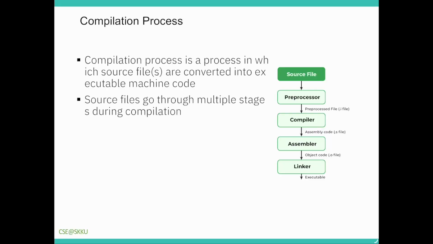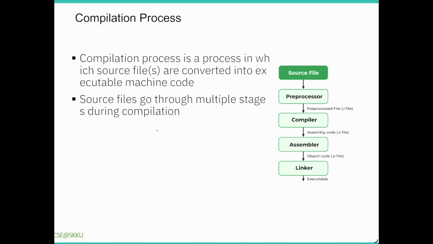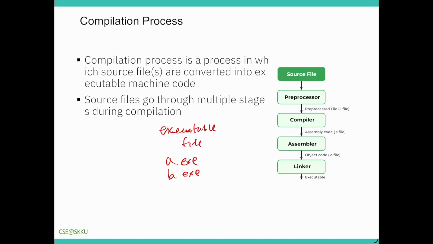So if you're using Windows, an example of an executable file would be something like a.exe or b.exe. So these are executable files that came out as a result of a finished compilation, and it is ready to be executed by the CPU and the operating system.